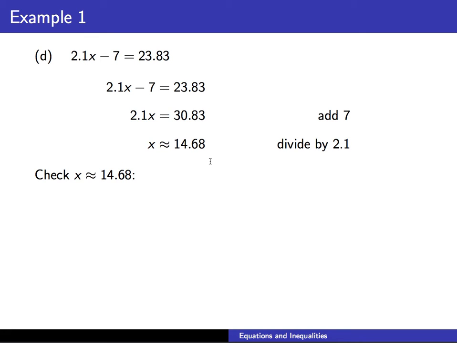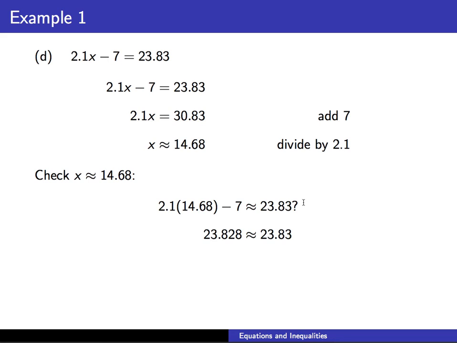Now, bear in mind, because we are approximating our answer, we are rounding it, when we plug it into the original problem, 14.68 times 2.1, and then subtract 7 from that, it probably won't come out to be exactly 23.83, but it should be pretty close. And we do get about 23.828, which is really close to 23.83.